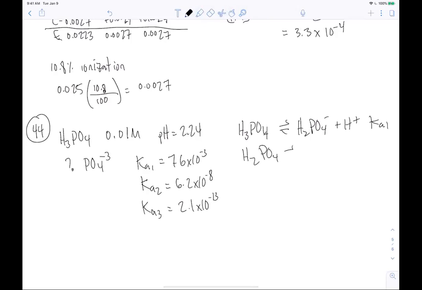So all you're doing when you're looking at different Kas is removing successive protons from a polyprotic acid. That's going to be Ka2.